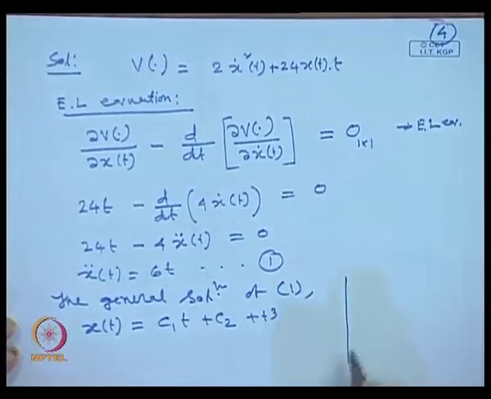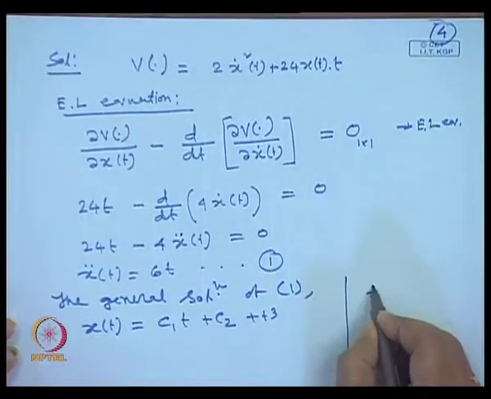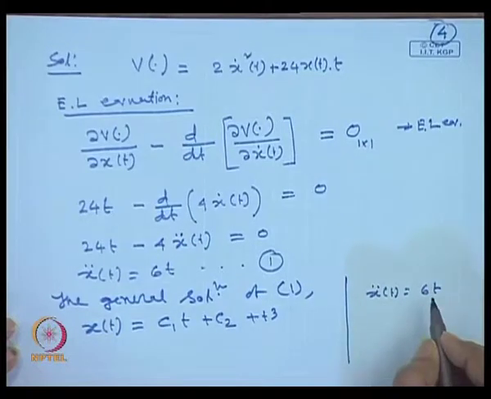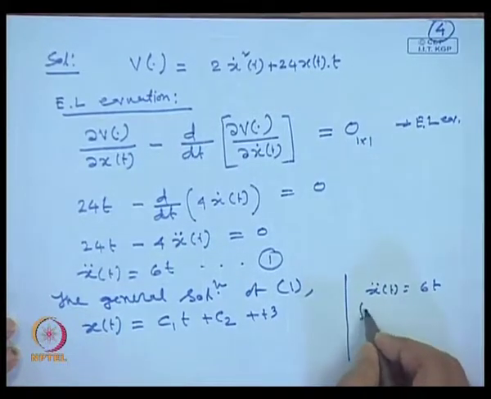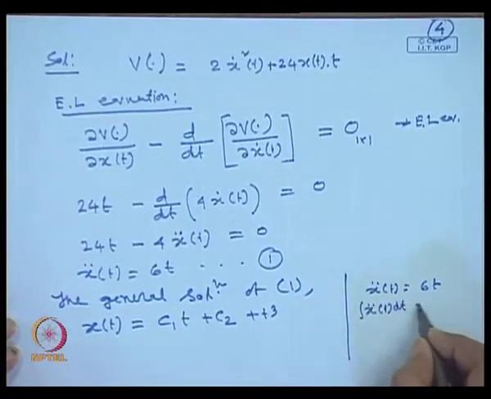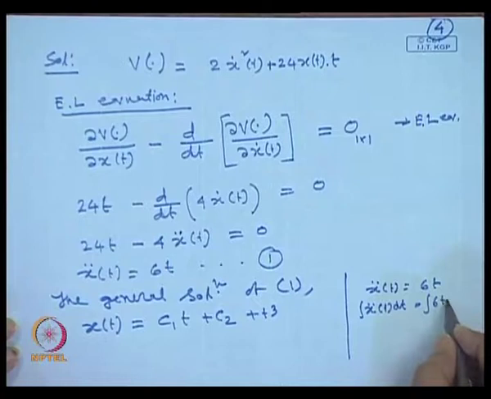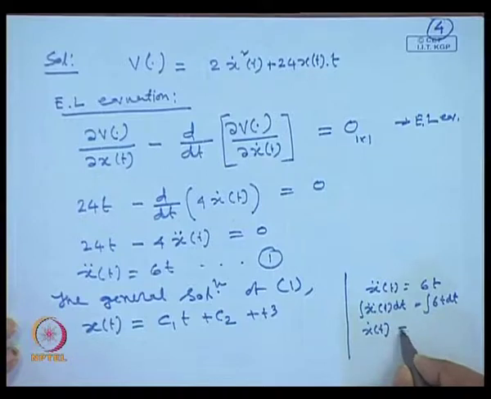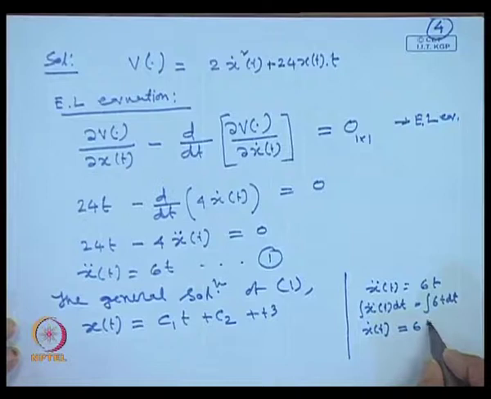For your convenience, I show you that x double dot of t is equal to 6 t. Integrate both sides with respect to t: integrating 6 t dt, you get x dot of t is equal to 6 into t square by 2 plus C 1.